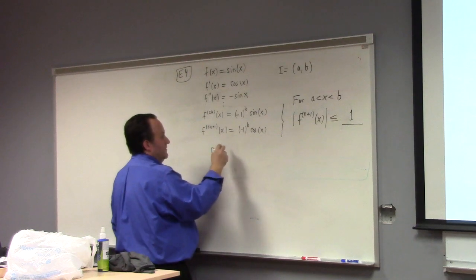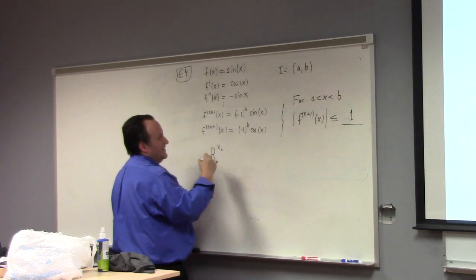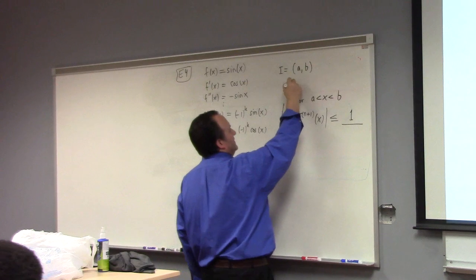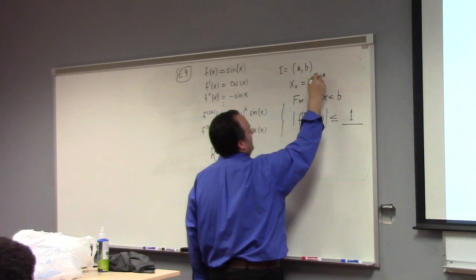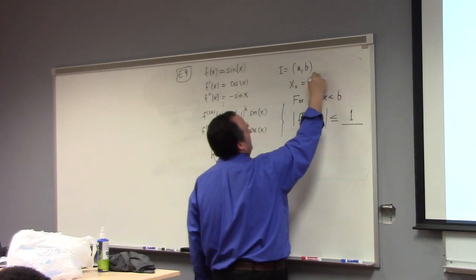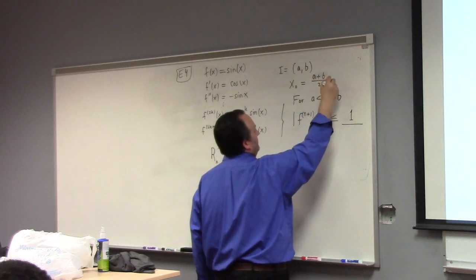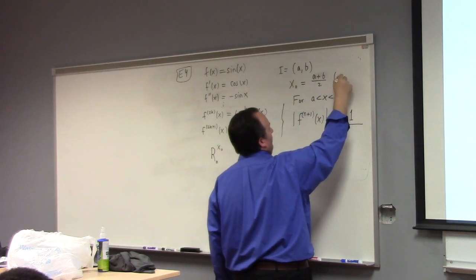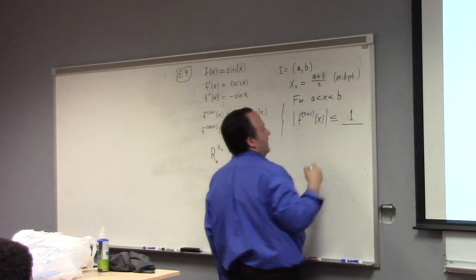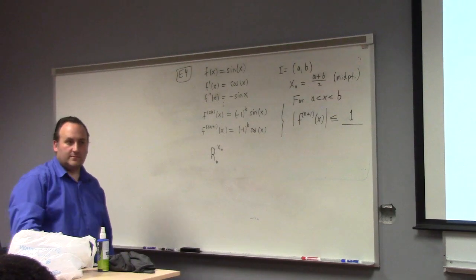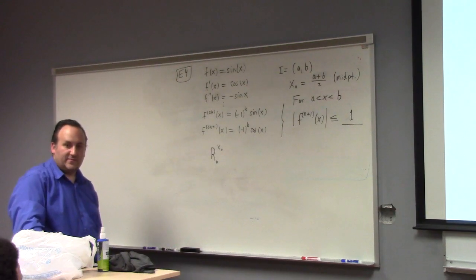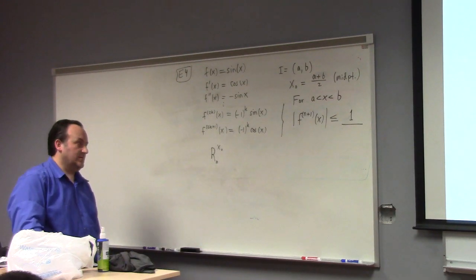For the sake of specificity, we'll let x naught be a plus b over 2, right? So the midpoint. The midpoint of a and b is a plus b over 2, the average of two numbers: add them, divide by 2, that's the middle.